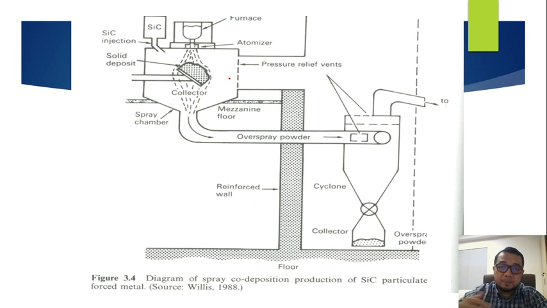We will release the pressure within this chamber. After that, if there is overspray powder, the SiC particulate will flow over here. This is the collector for overspray powder, as you can see here.